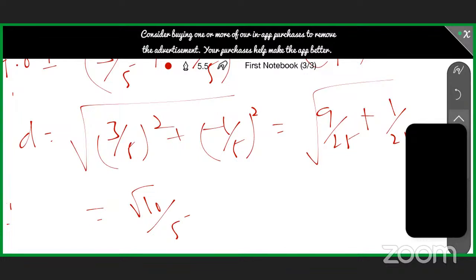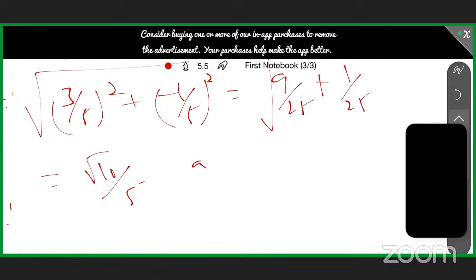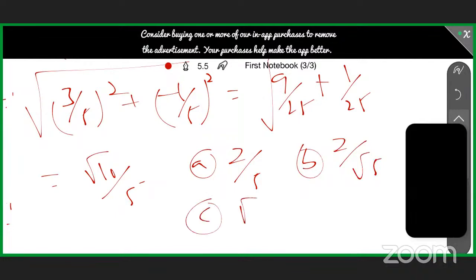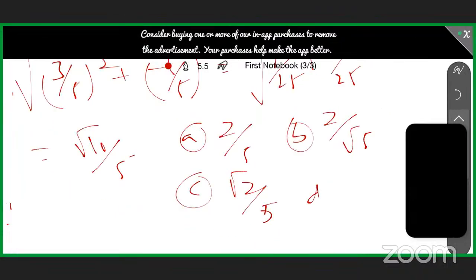The options they have given here are: A is 2 by 5, B is root 2 by 5... Option B is 2 by root 5. Option B is wrong.